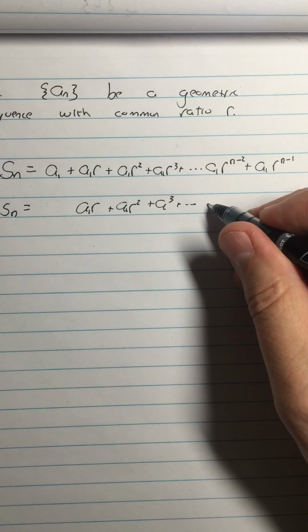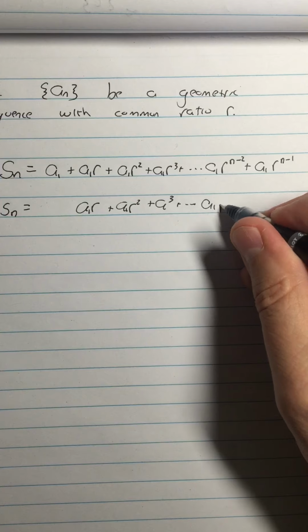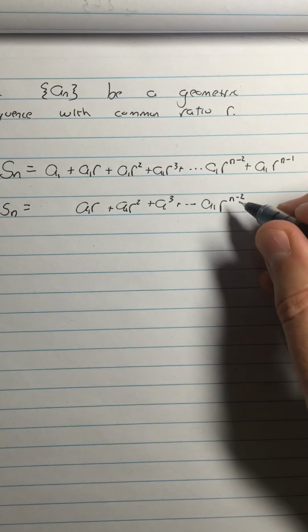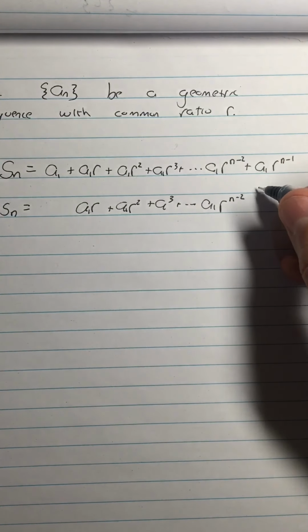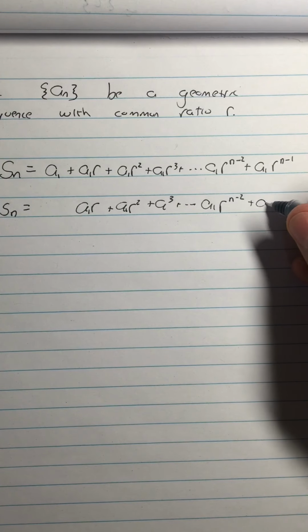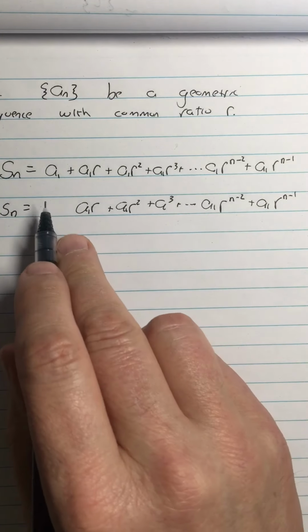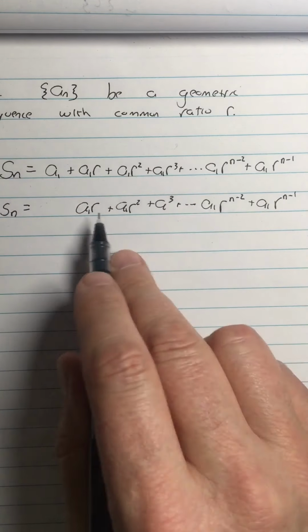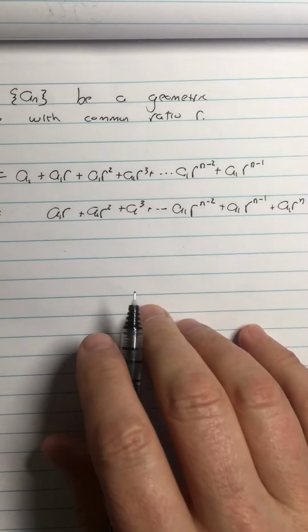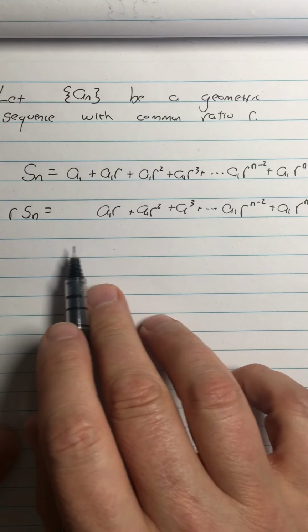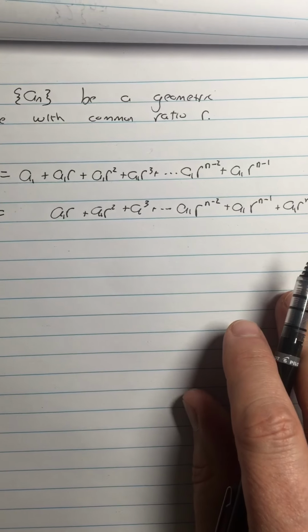And then we're going to have a1 r to the n minus 2, and then we're really doing a1 r to the n minus 2 times r, which is going to give us a1 r to the n minus 1. And then we actually have one more because we're taking all these terms and multiplying them by r. So this term is going to show up at the end, plus a sub 1 r to the n. All right, so there's one expression for S sub n, one expression for r S sub n.